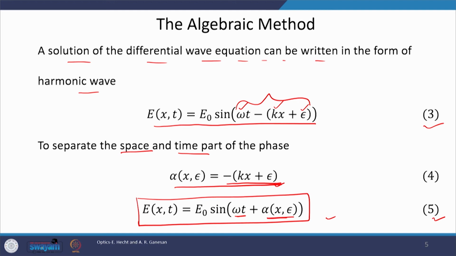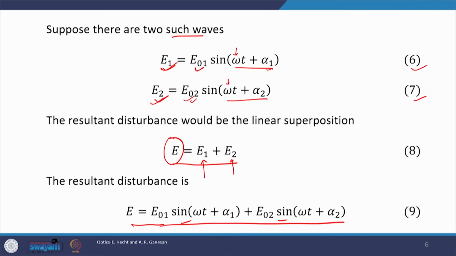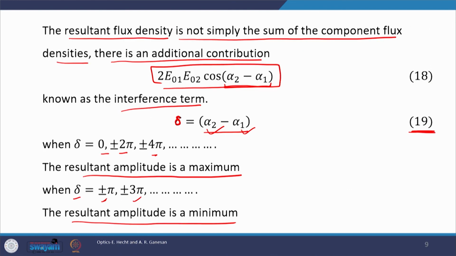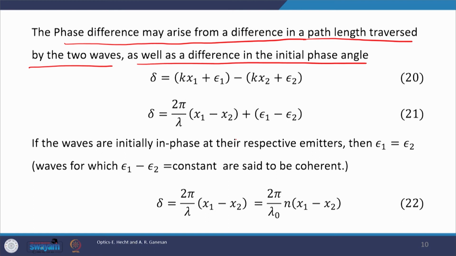Similarly, alpha 2 would be minus of kx 2 plus epsilon 2. Okay. Now, with this let us go to again equation number 19. Now, we will substitute this expression back in this equation number 19. After substitution, we will get this expression for the phase.